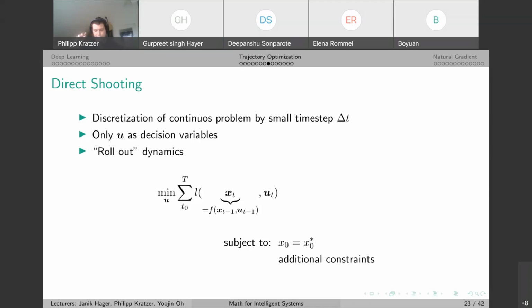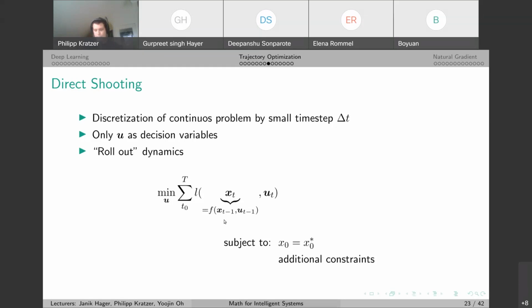You only have your start state, and you compute your next state by applying your controls. Then you get your next state, and then you apply your controls again. So you chain this, you have a concatenation of many of these nonlinear system dynamic functions.